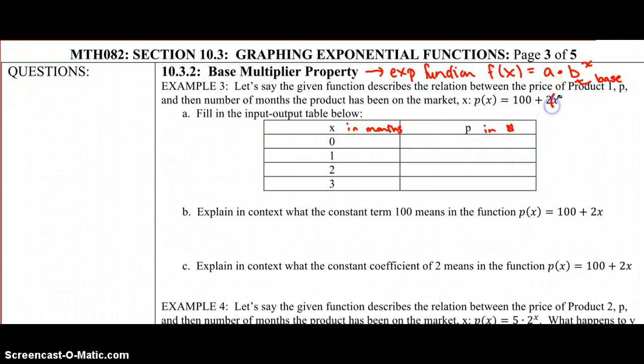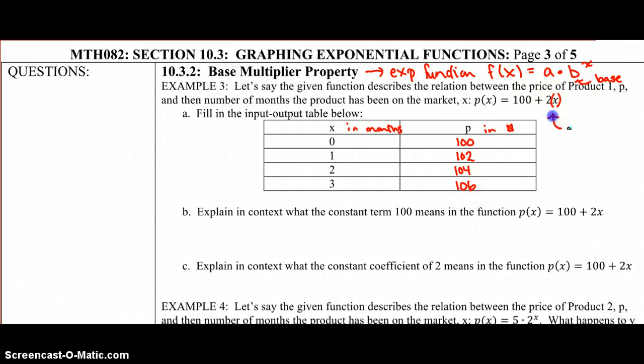Again, we're going to think about some parentheses around that variable before we substitute. Now if x is 0, we're going to get 2 times 0, which is 0, plus 100, which is 100. When we plug in a 1, 2 times 1 is 2, plus 100 is 102. When we substitute 2 for x, 2 times 2 is 4, plus 100 is 104, and so on.